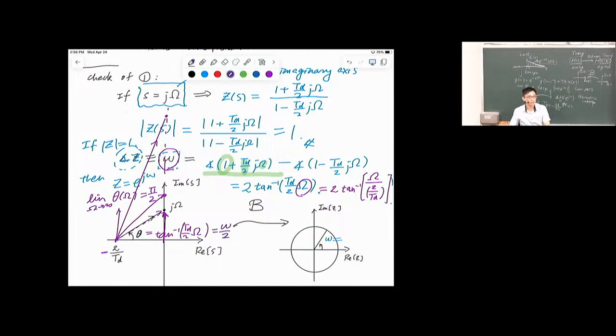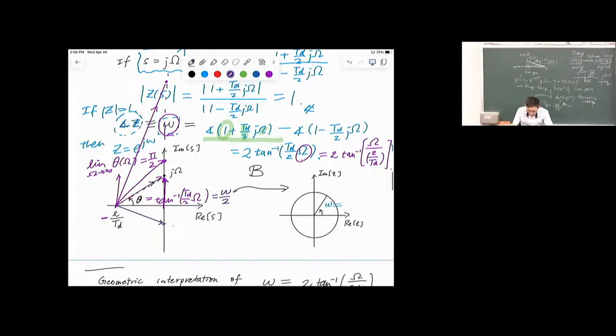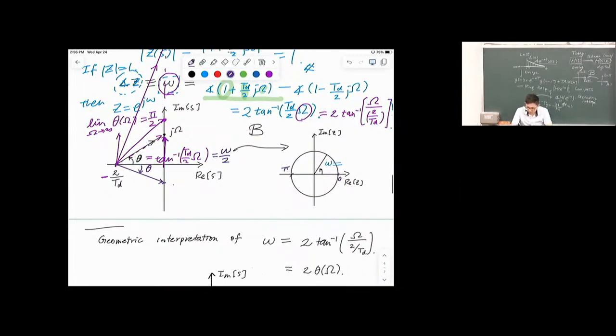Okay. The negative part is also the same. So just similarly, when we consider negative big omega, then theta is also negative. So it maps the 0 to 0. Okay, it maps zero frequency, the DC to DC, and it maps infinity to Nyquist. Otherwise, in between, we have the arctangent relationship.